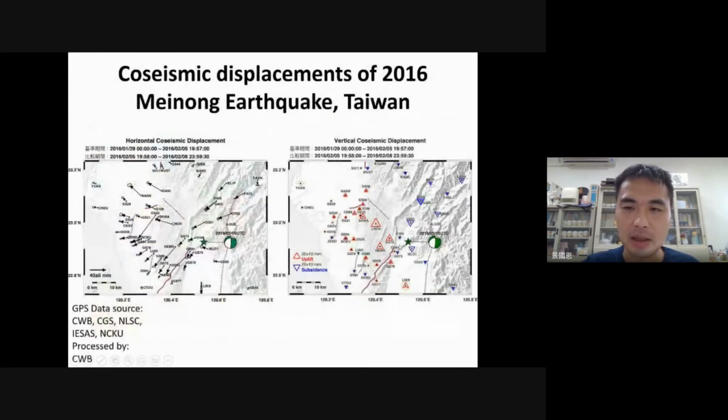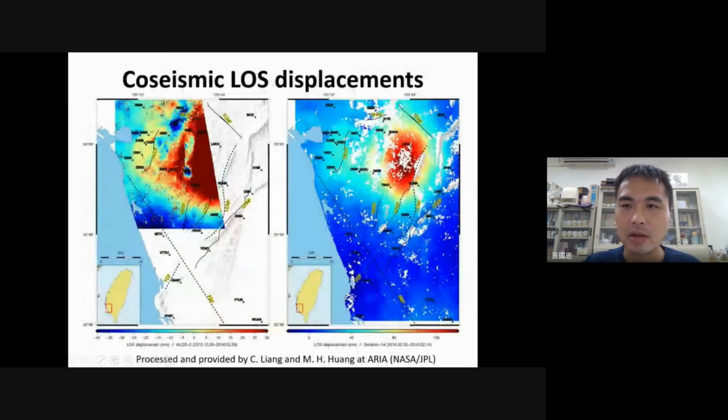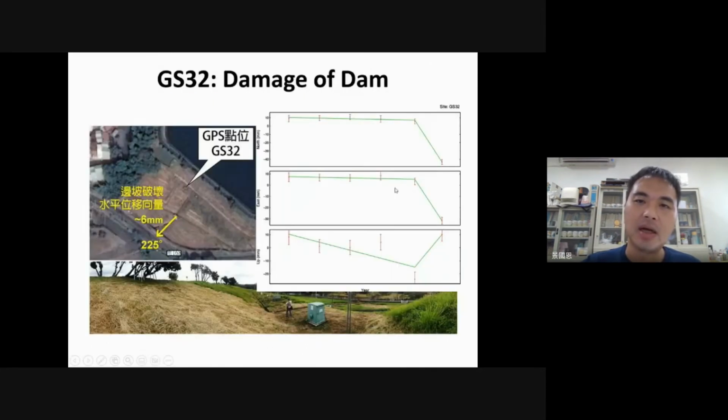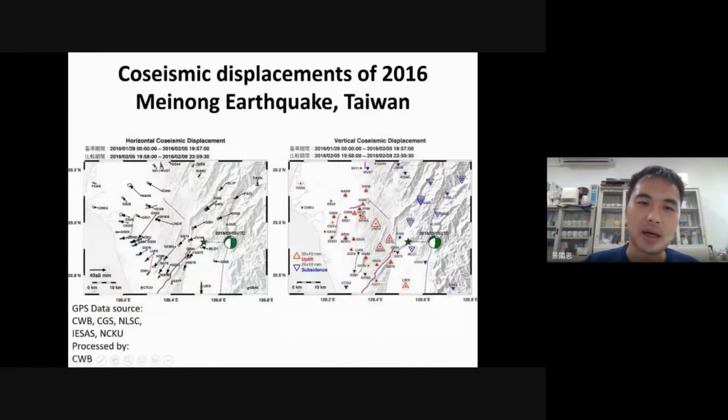Oh, the earthquake is somewhere over here, but the large displacement is over here. Once the earthquake occurs and people see this pattern, many wonder why the large co-seismic displacement occurred at this site.